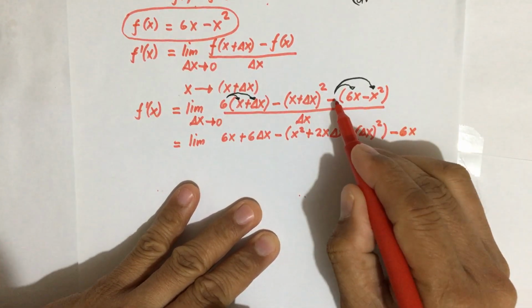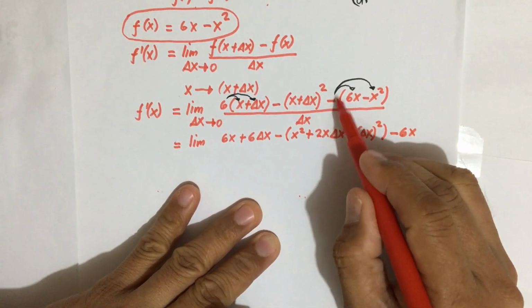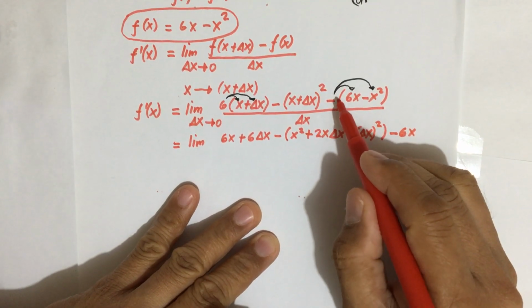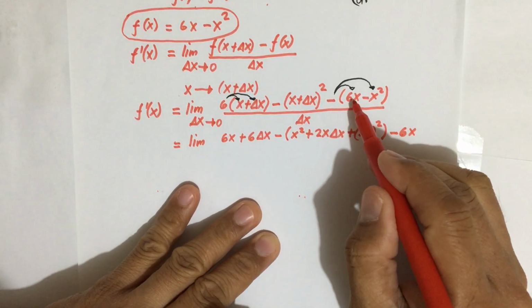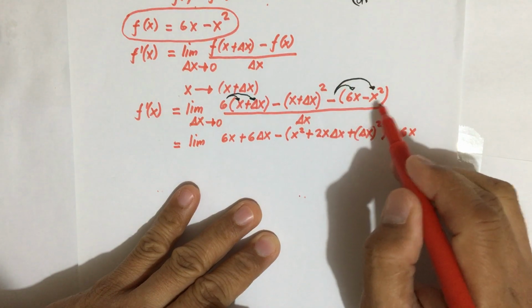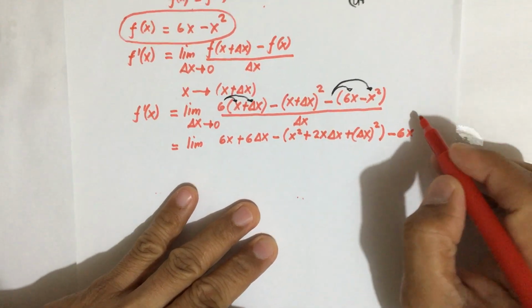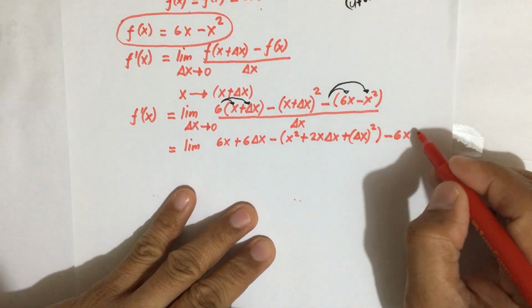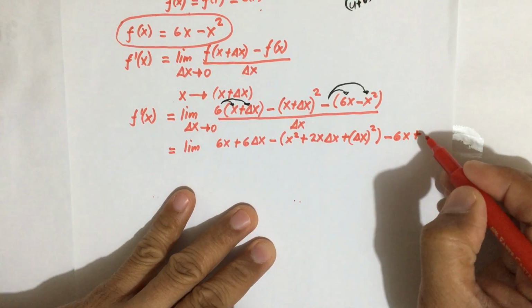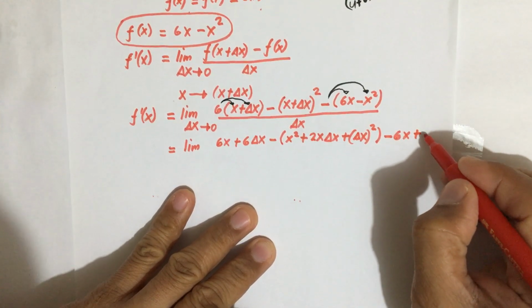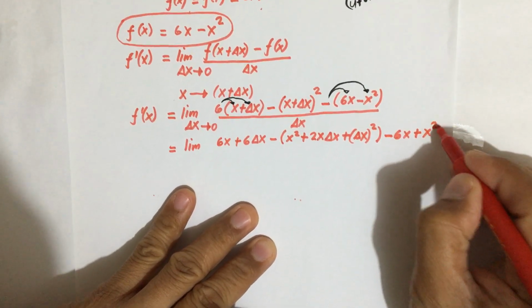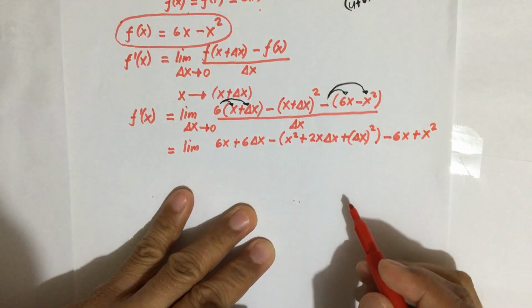So this is understood to have 1 here. So negative 1, you can think of it as negative 1 times 6x, negative 1 times negative x squared. So negative and negative, so that is plus x squared. Okay, now we have removed the sign of groupings.